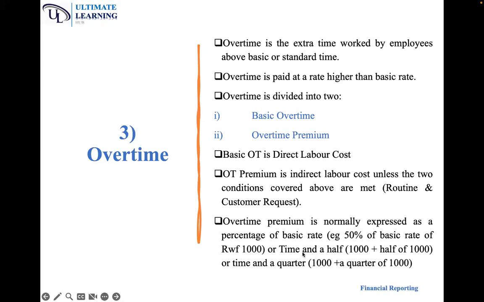A half of 1,000 is 500, so you take 1,000 plus 500. If it is paid at a time and a quarter, you take the basic rate of 1,000 plus a quarter of 1,000, which is 250. So the rate of pay will be 1,250.